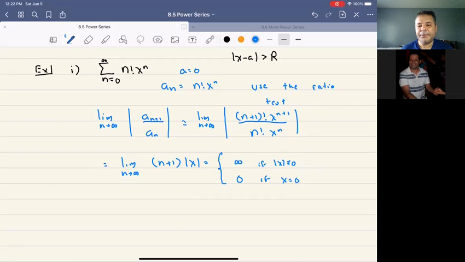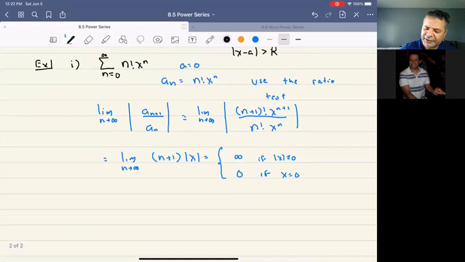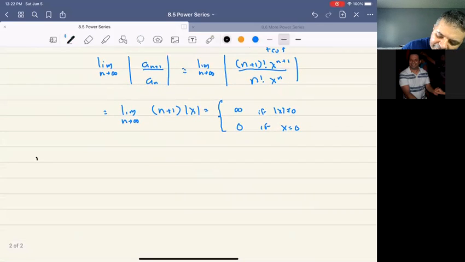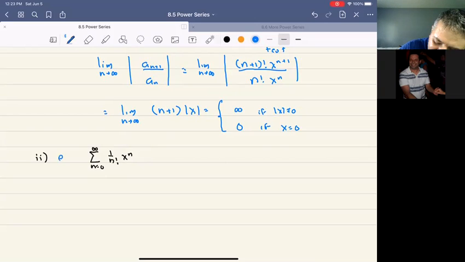Okay. All right. Let's go ahead to the second example, which is almost the exact same thing. We're going to take a look at the sum, n goes from 0 to infinity, 1 over n factorial x to the n. Now, not for nothing, but we don't know this yet, but I know it, so I'm going to tell you.